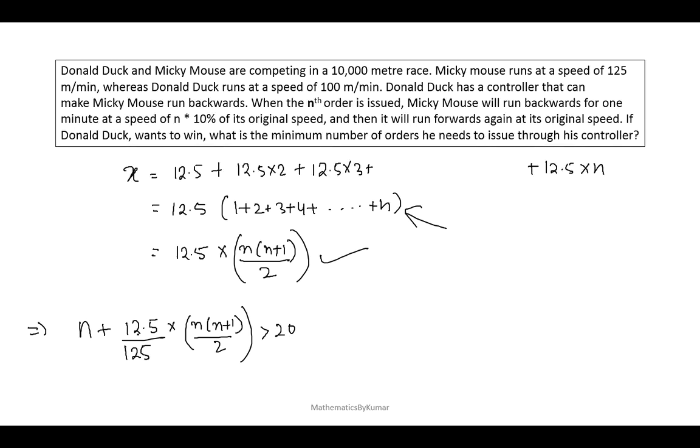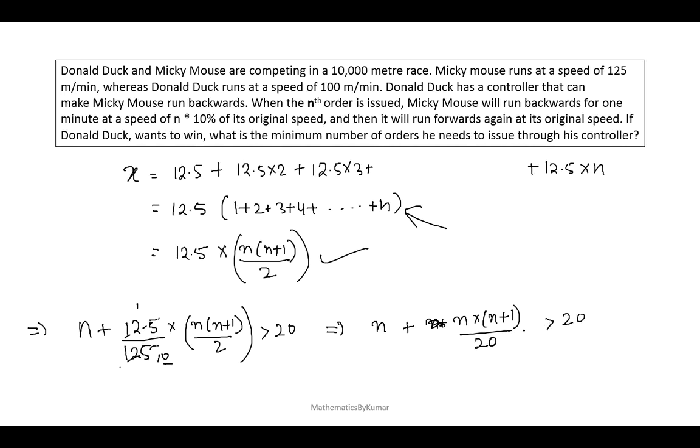Okay, so I'll do a little simplification. This I know can cancel out as a ratio of 1 by 10. So what I'm getting eventually is n plus n into n plus 1 over 20 is greater than 20, since 10 and 2 multiplied is 20.